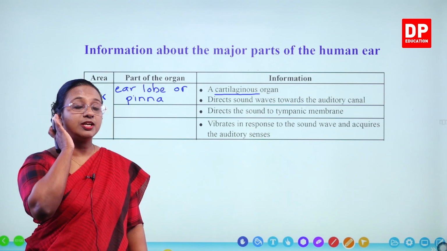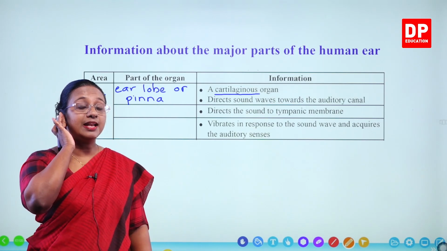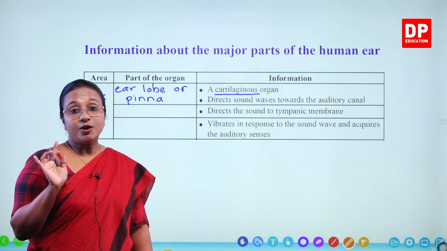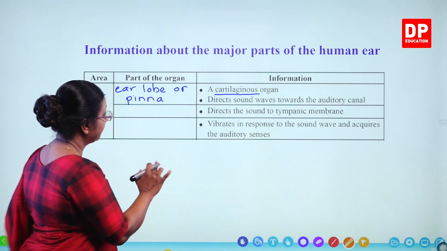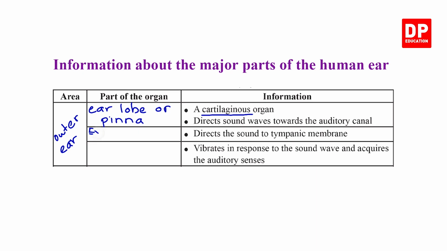So here in your ears, earlobe, we have the external earlobe, and in the middle, this part, we have the external auditory canal. You saw it extending up to the tympanic membrane. So the second structure is the external auditory canal.